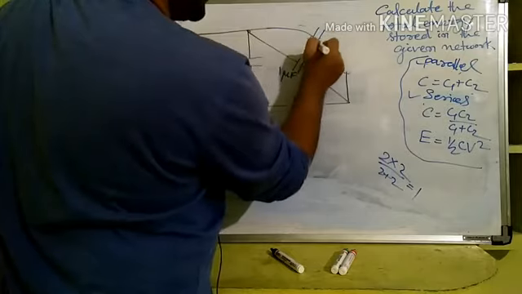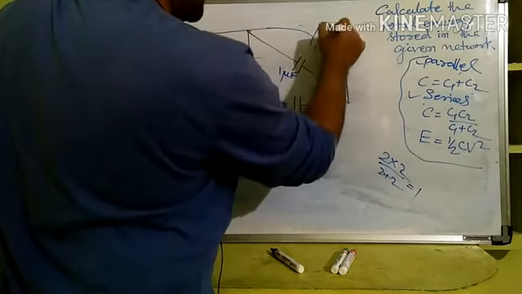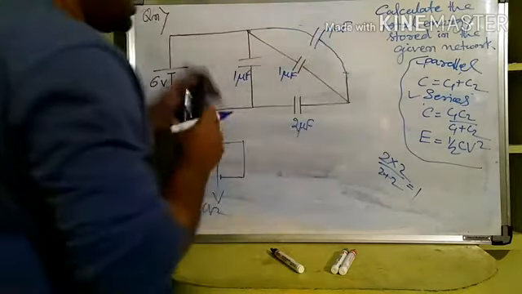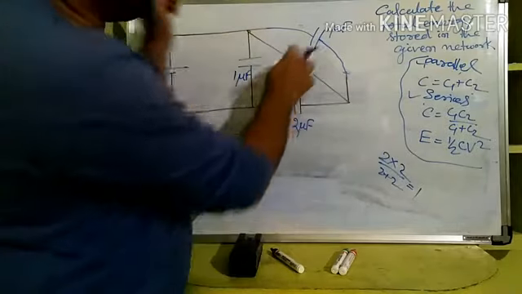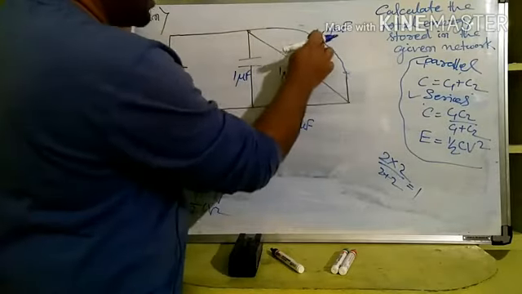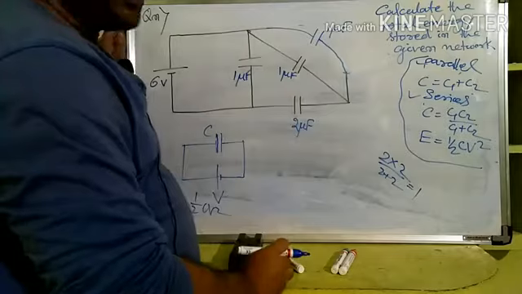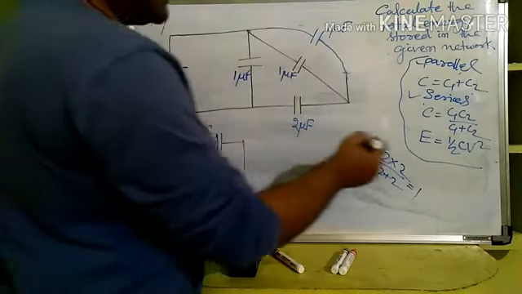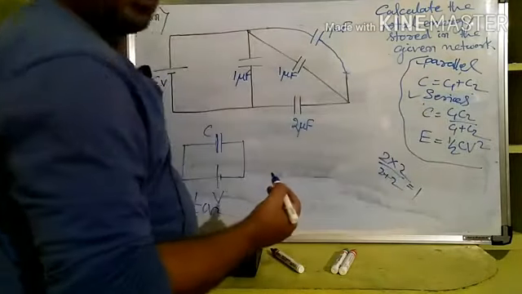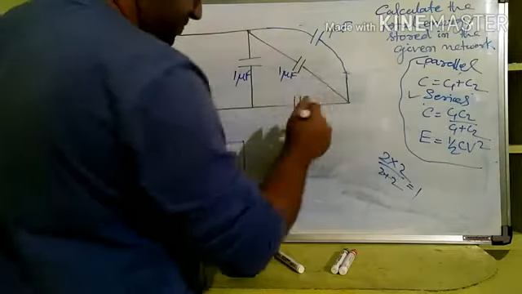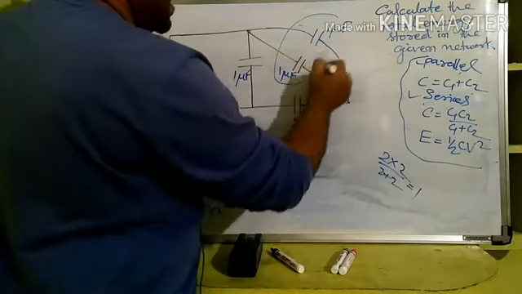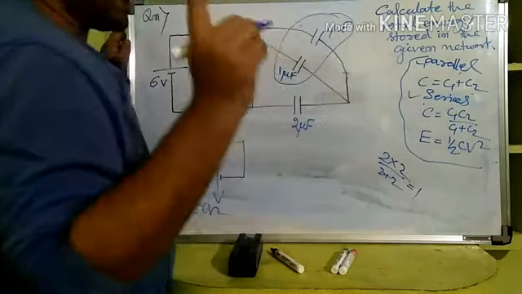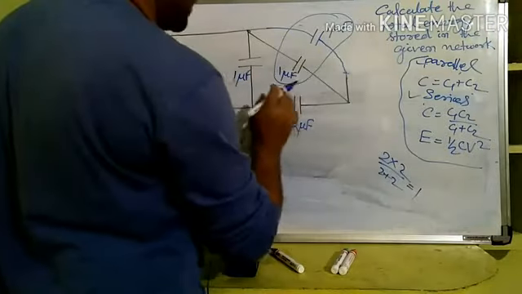Now clearly we can say that this 1 microfarad and this 1 microfarad are in parallel. So if there is a parallel combination, simply C1 plus C2 will be the answer. So these two will act as one capacitor of capacitance 2 microfarad.